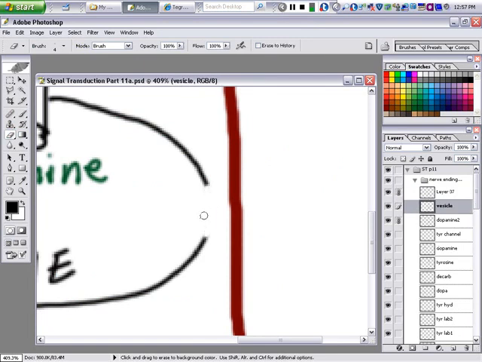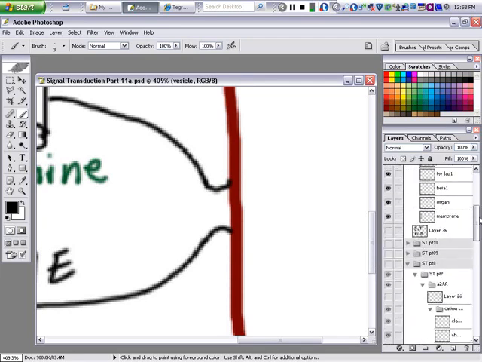This vesicle is going to fuse with the membrane right here, and then the membrane itself is going to fuse with the vesicle.